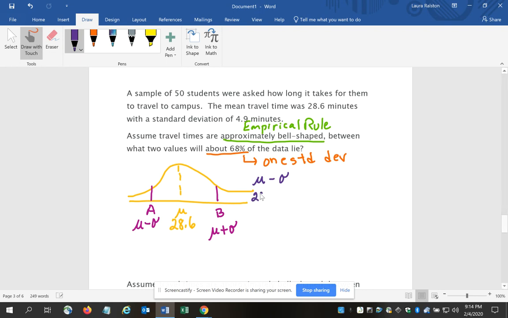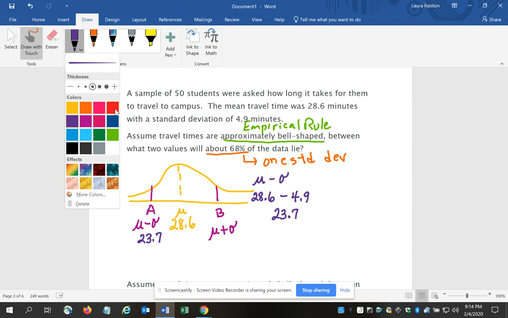So 28.6 minus 4.9. I'm going to get my calculator. 28.6 minus 4.9 is 23.7. So letter A, as we're calling it, would be 23.7.